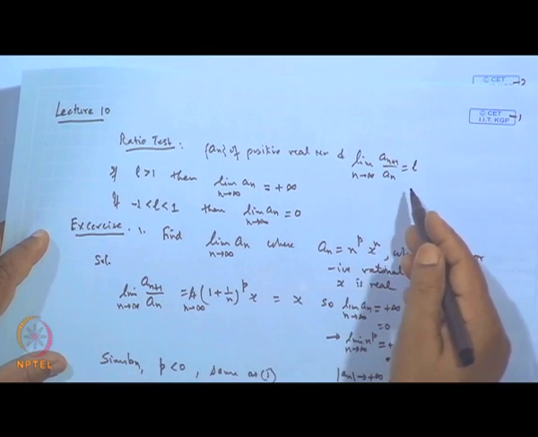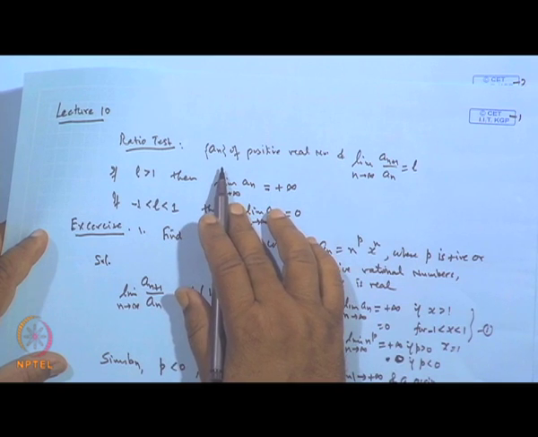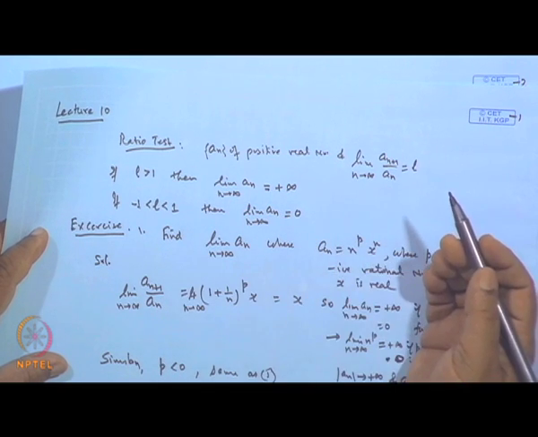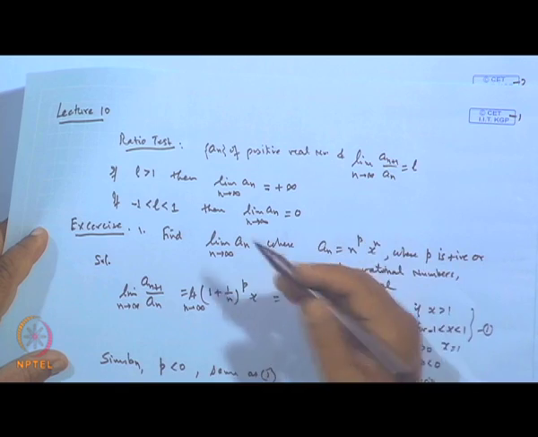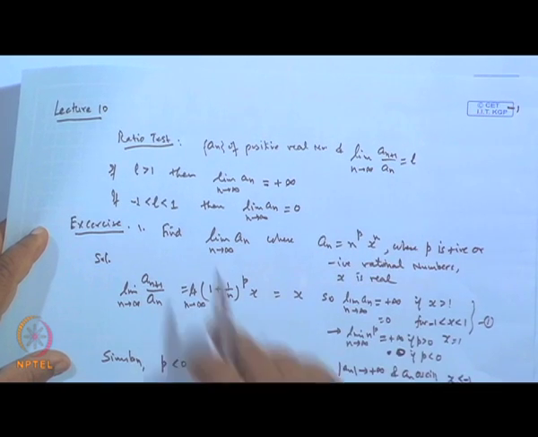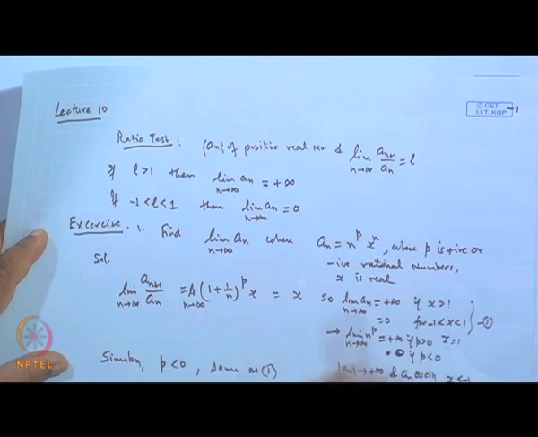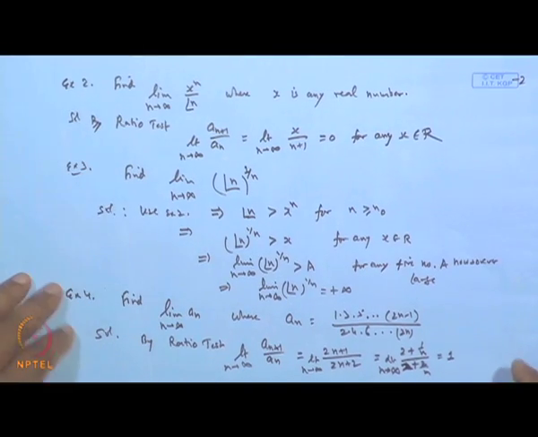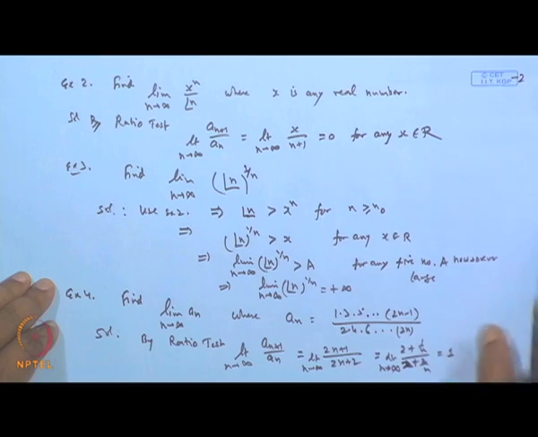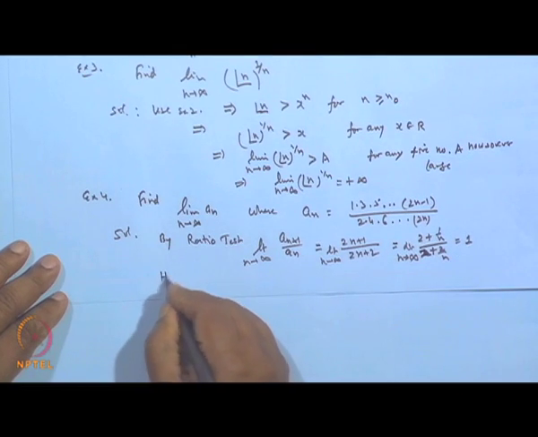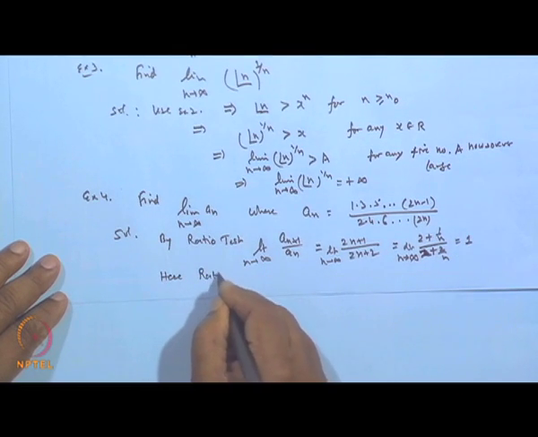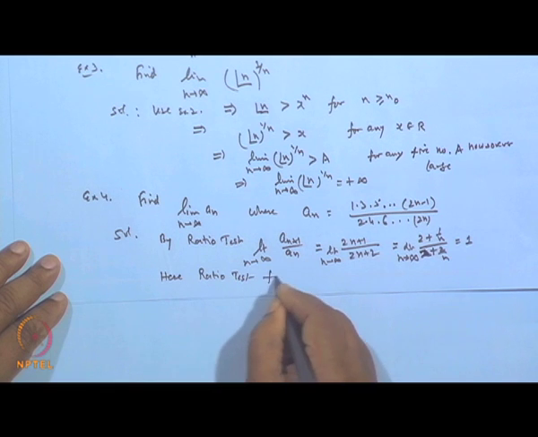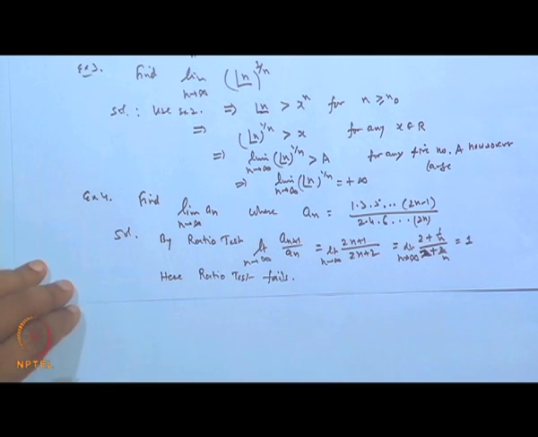When L is 1, the sequence a n may converge or may not converge, because it depends on the type of the sequence. We cannot say the limit is 0, infinity or finite. We have to compute that. So, here the ratio test fails. We are unable to get it.